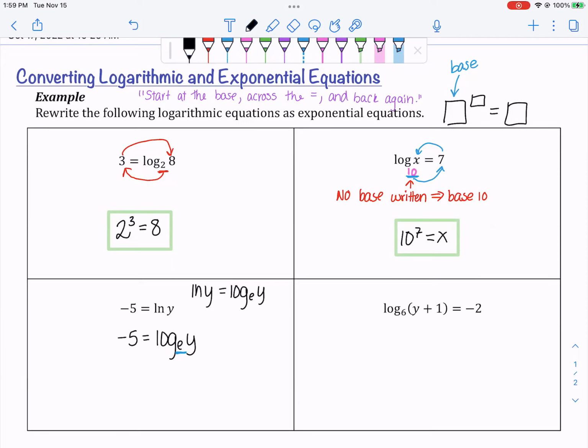All right, so we start at the base. The base is e, so e is my base. Across the equals, so raised to the -5 is equal to, and back again, y. E to the -5 is equal to y.